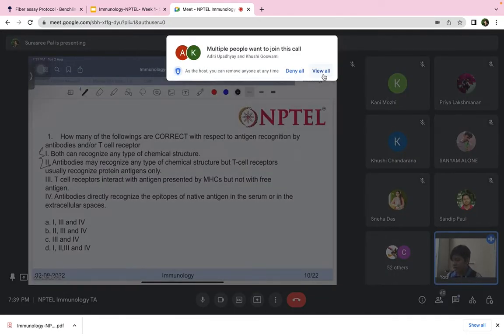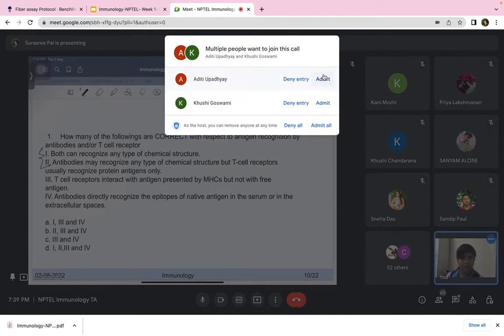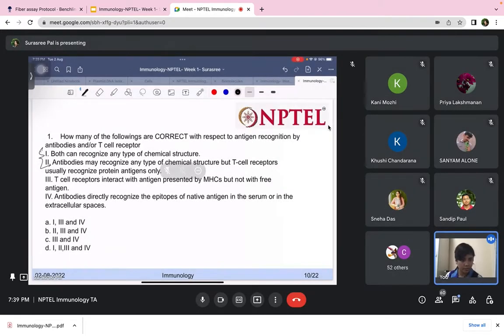It's better to always check the options before solving the MCQs so that you get a clear understanding. In the options, option D has both statements 1 and 2, and statements 1 and 2 together cannot be correct because they are opposite statements.